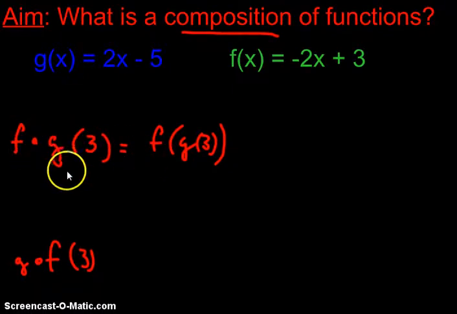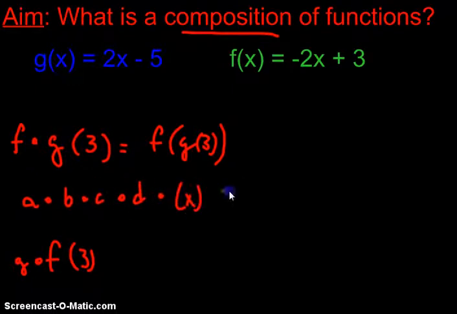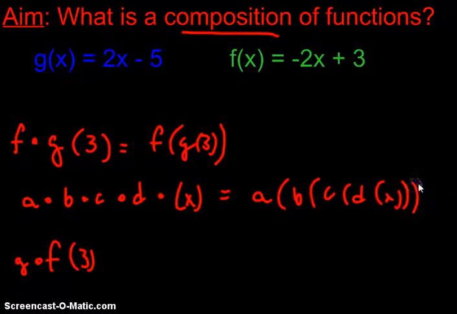So if we saw something like a of b of c of d of x, that would mean a of b of c of d of x. We apply the innermost ones first and then work our way outwards.